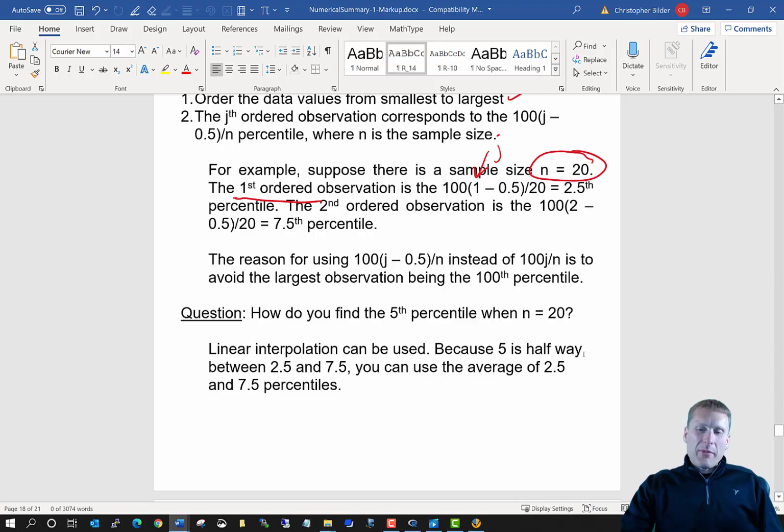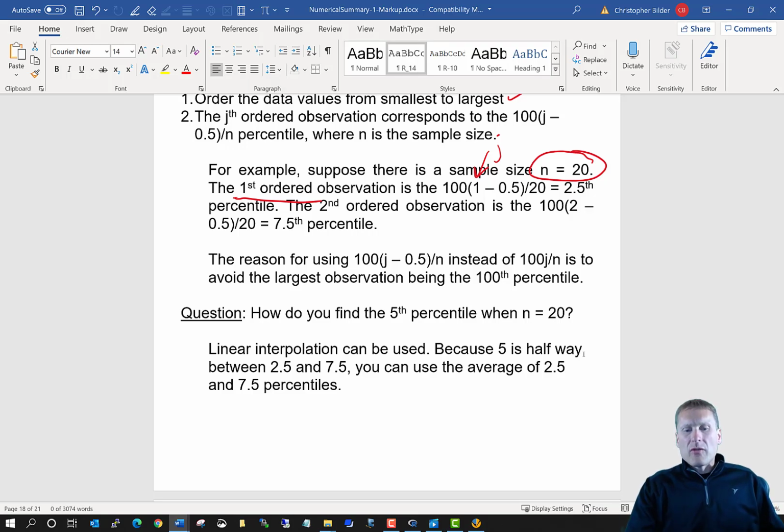Well, what about if you wanted the 5th percentile instead, rather than the 2.5 or 7.5? Well, in a sample size of 20, there is not necessarily one answer for what that would be. And this is where a lot of different methods have evolved about how to find something in between.